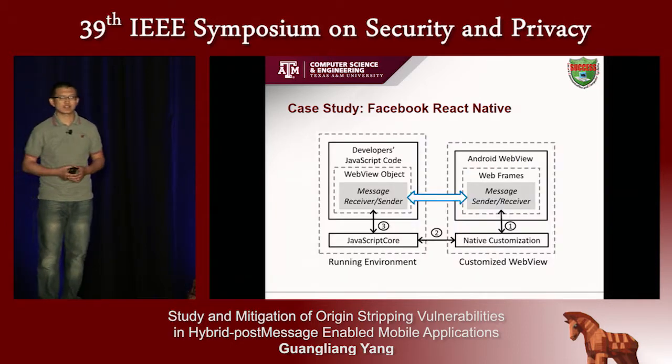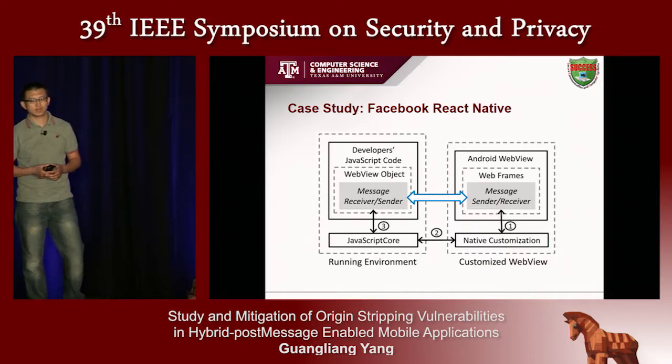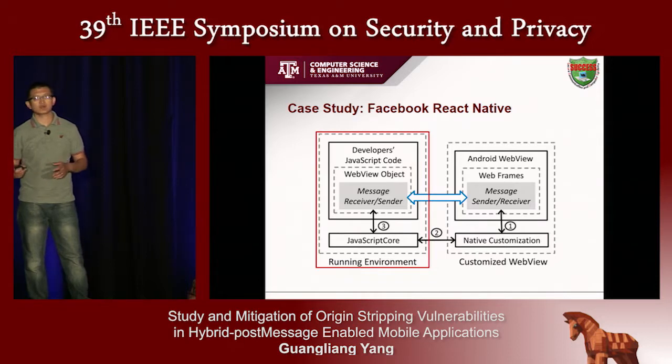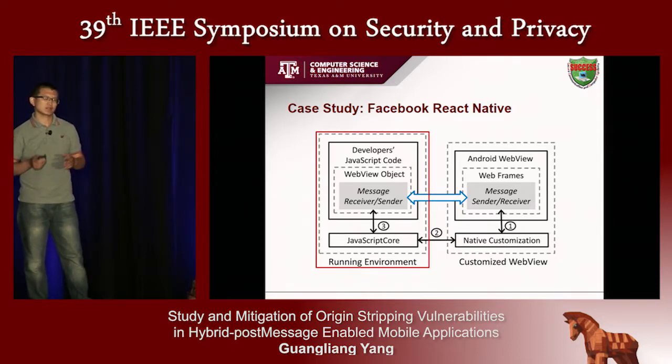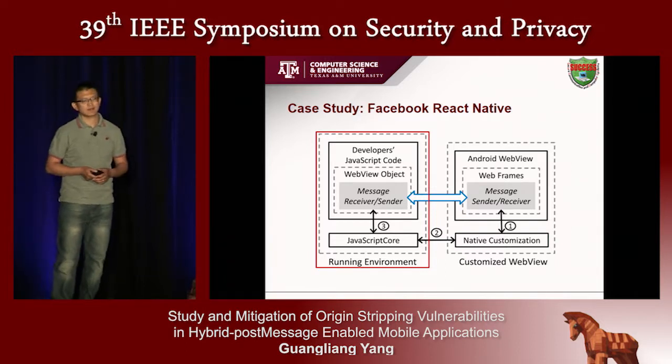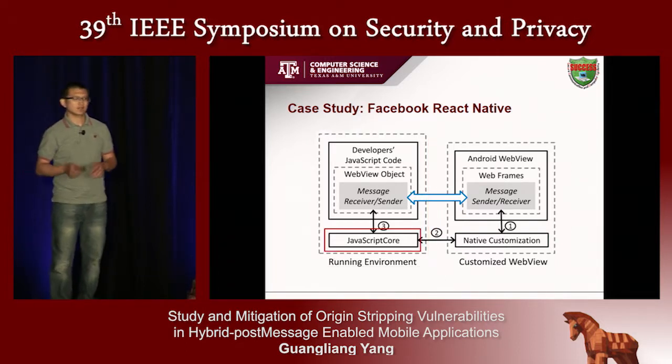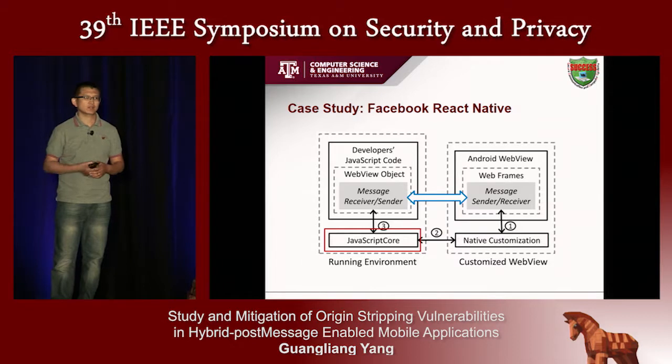This picture shows the architecture of the framework, and the left box is the running environment of the developers' JavaScript code. At runtime, this JavaScript code will be parsed by a JavaScript engine, and the engine will communicate with the Android system and create the app content dynamically.